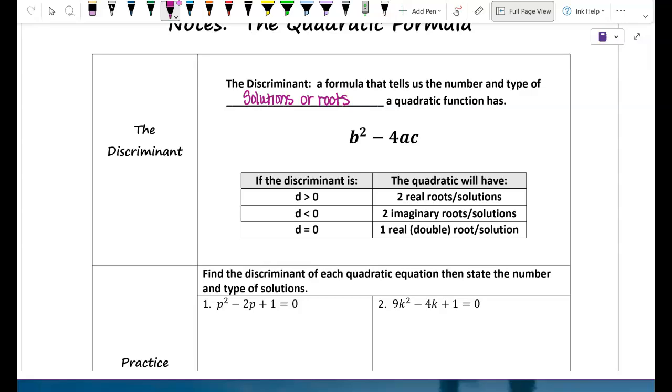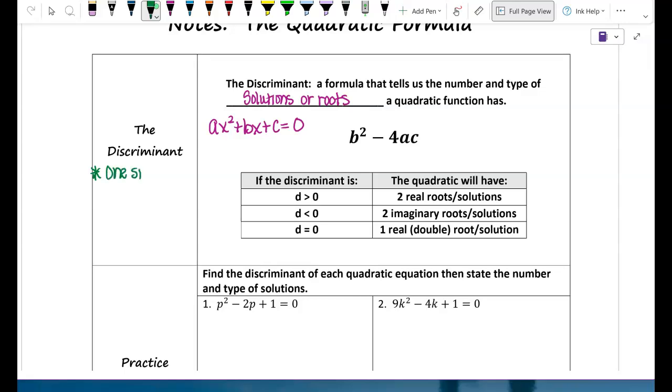But before you can use that, your function does have to be in standard form. We do have to have ax squared plus bx plus c equals 0. Very important for anything quadratic formula. One side of your equation must be equal to 0. We're going to add that as a little asterisk here.